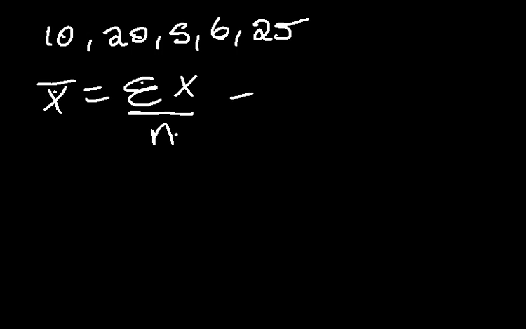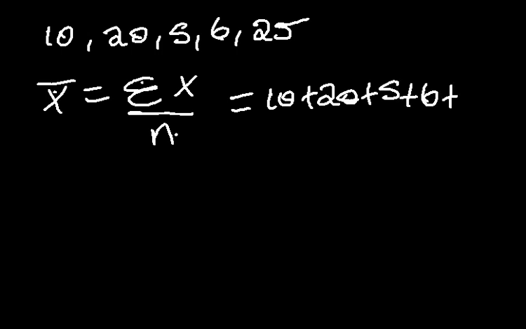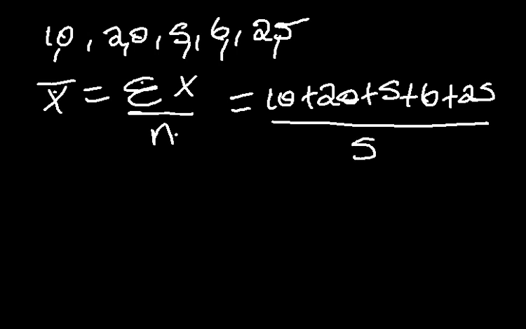So we'll have 10 plus 20 plus 5 plus 6 plus 25, and then divide by how many values are here. We have 1, 2, 3, 4, 5. So we divide by 5.